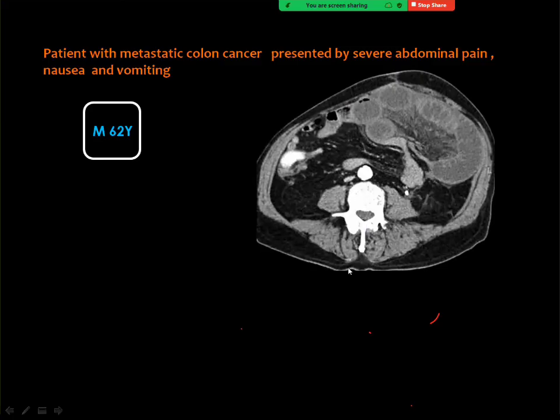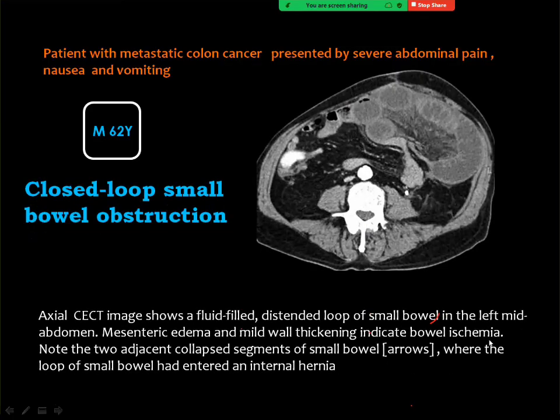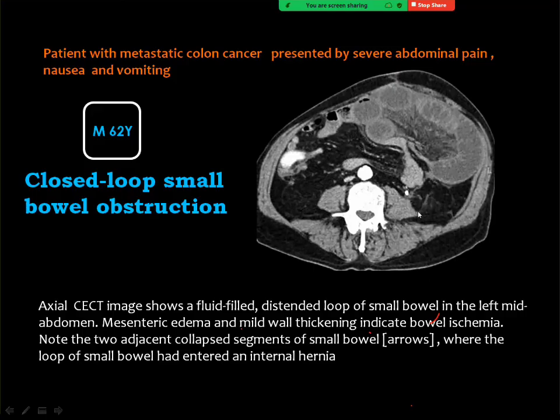Yes, this is what we call closed loop obstruction, meaning that a certain loop of the small bowel has been trapped either by adhesions or by herniation into a narrow opening.